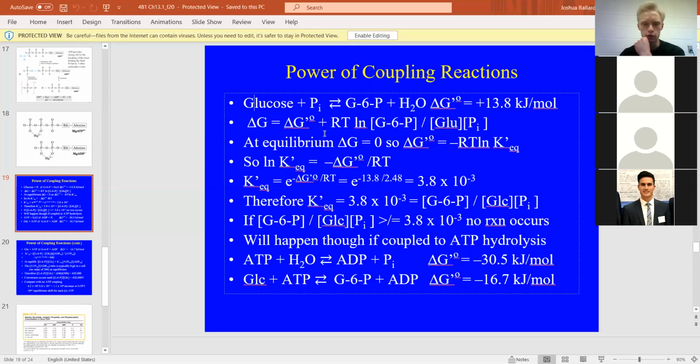So if we want to find out what KEQ is, they're trying to solve for KEQ. So they're just substituting this. At KEQ, delta G is 0 because it's in equilibrium. And so delta G prime naught is equal to this equation.